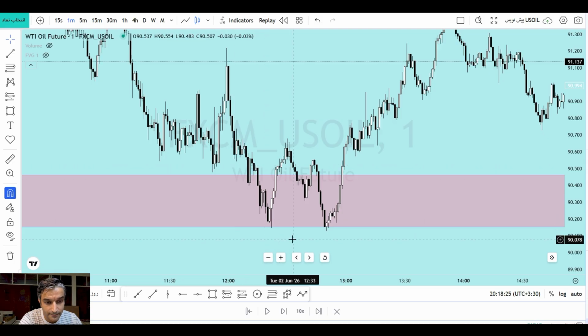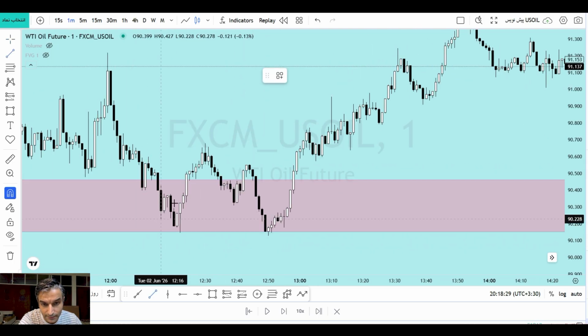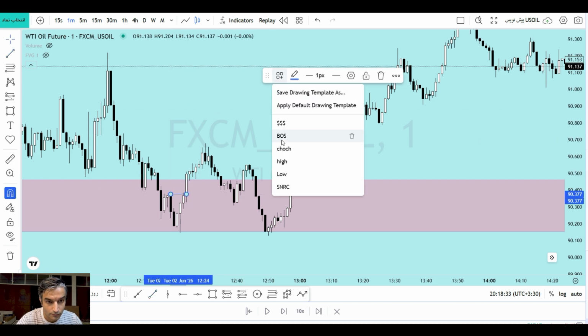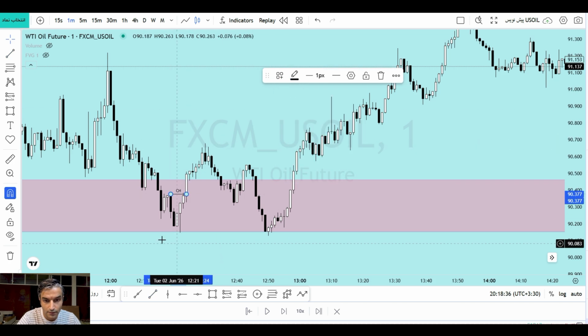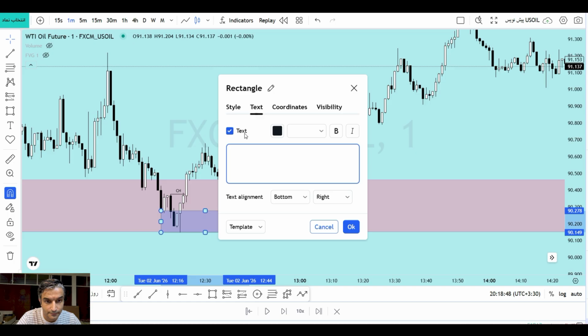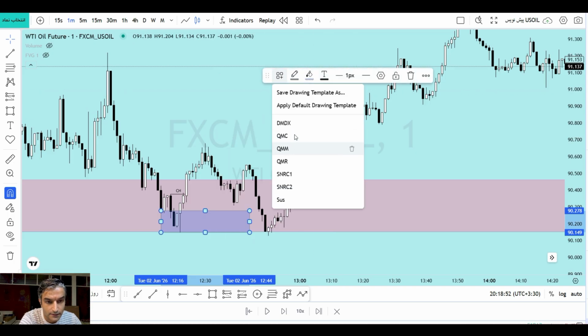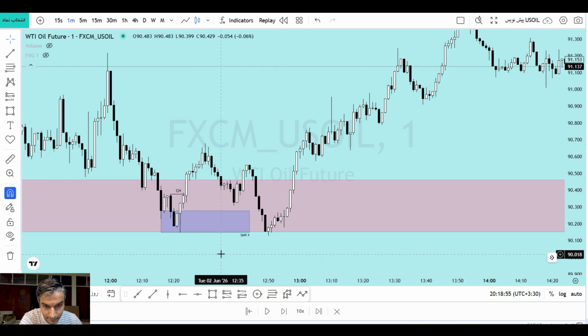Price came to this area, made the change of character here, and goes up. We have a QMR here from this area to here. This is our QMR.